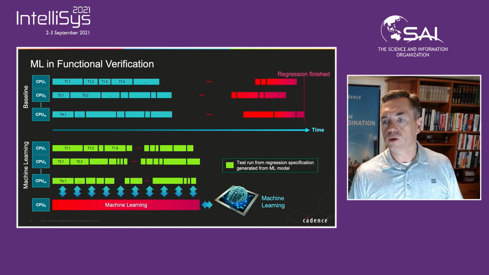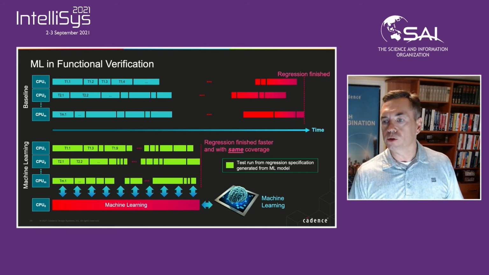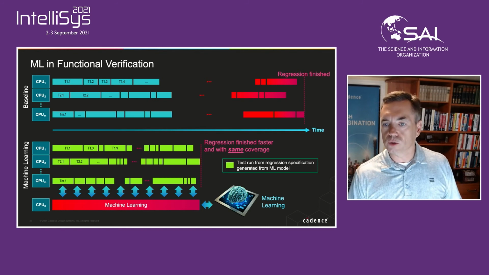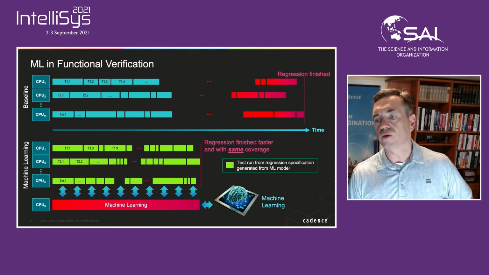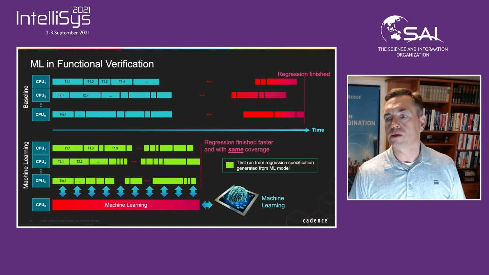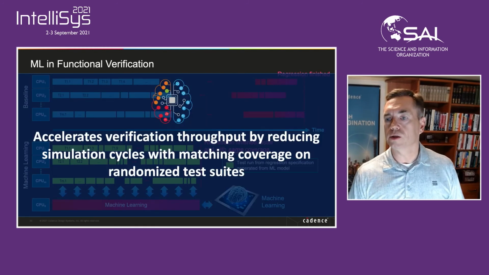And we're really using the AI ML environment to train neural networks to understand how to get to the same coverage, the same functional coverage of the design in shorter time by optimizing the regressions appropriately.